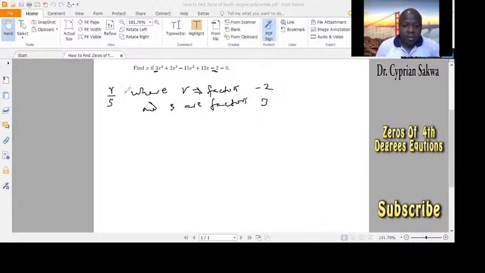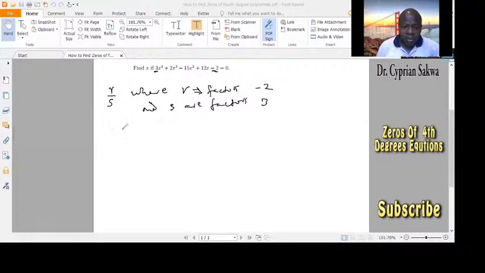So if this equation can be factorized, then one of its roots must be r over s, where r are the factors of the constant term and s are the factors of this term here.